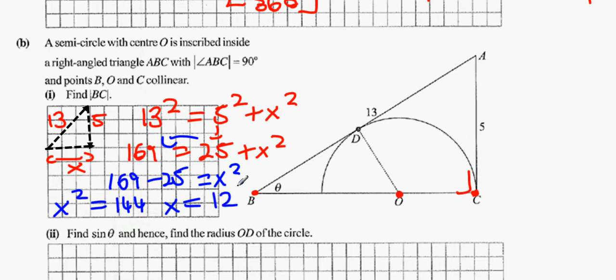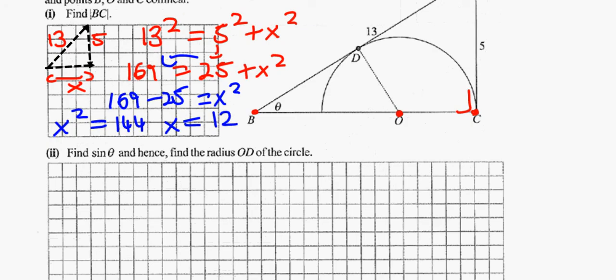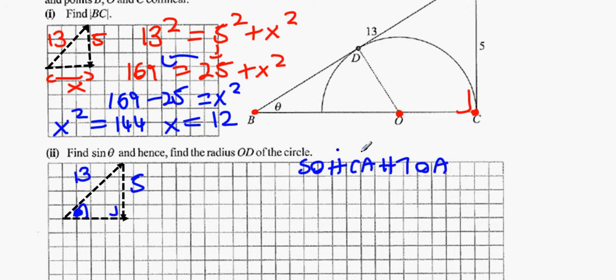Okay, find sine theta and hence find the radius OD of the circle. Now once again, if we take our semicircle, what we have at the very beginning, we know that this is 5, we know this is theta, and we know that's 13. And remember SOHCAHTOA: sine is opposite divided by hypotenuse, cos is adjacent divided by hypotenuse, tan is opposite divided by adjacent.